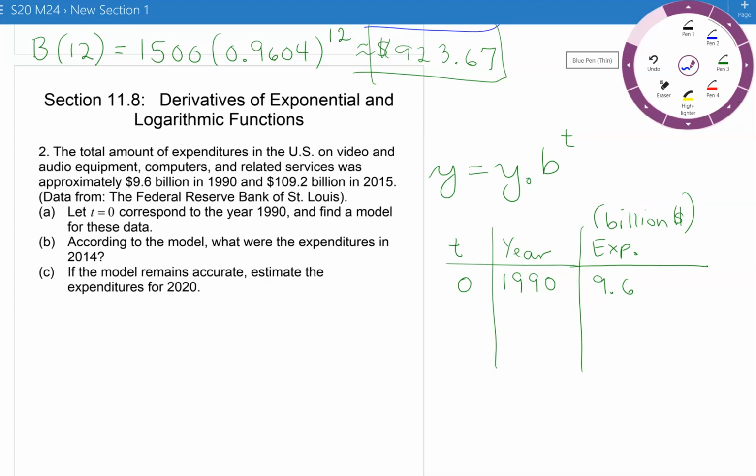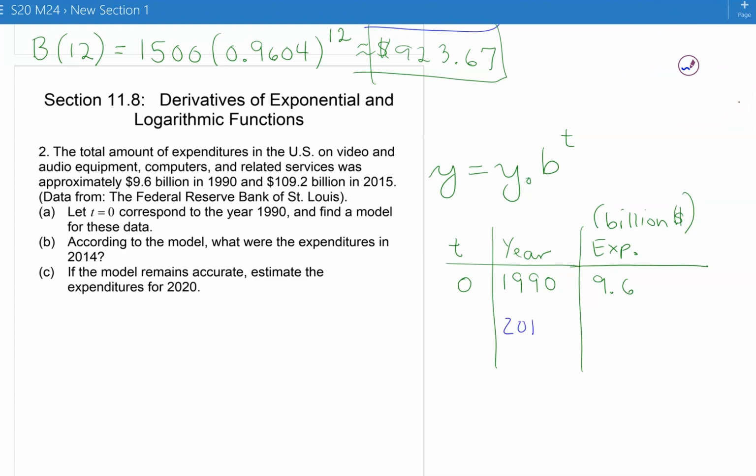And then we're also given the information that in the year 2015, the expenditures are $109.2 billion. So let's think about how many years later that is, and t is going to be 25. So we're going to make a model for this data.